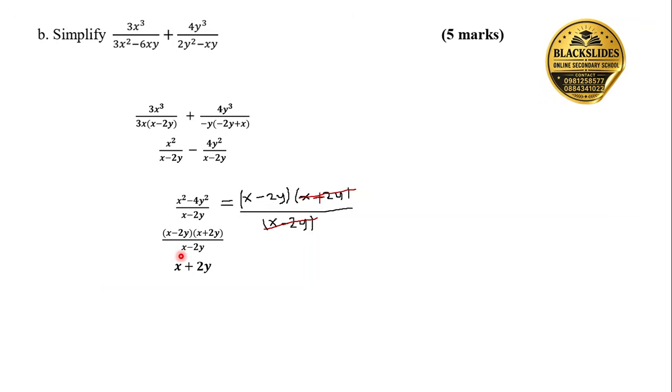So in this case, x minus 2y will be divided by x minus 2y. It will leave us with x plus 2y. Take note that in the first place, we missed a positive sign there. Alright, so that's the case.